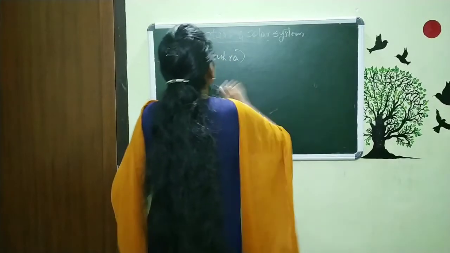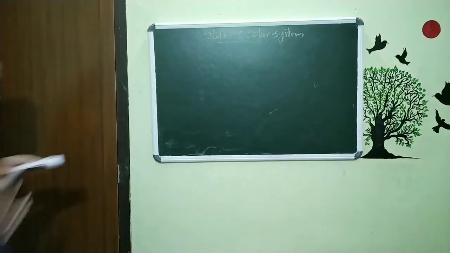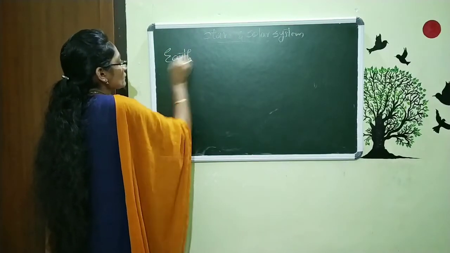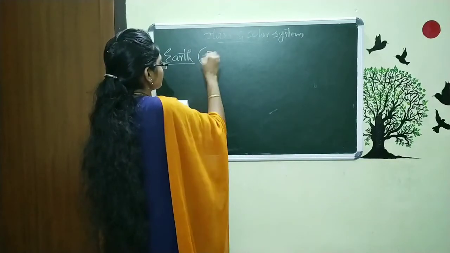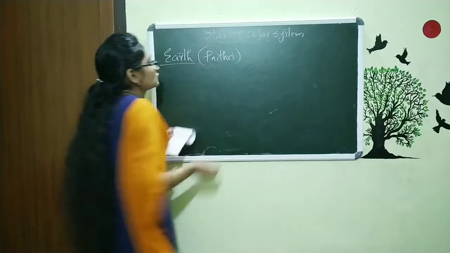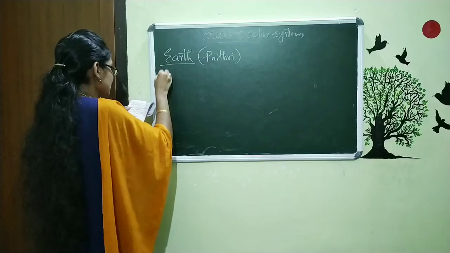The next is our Earth. Another name is Prithvi. Prithvi, Earth. What is the first point for the Earth?